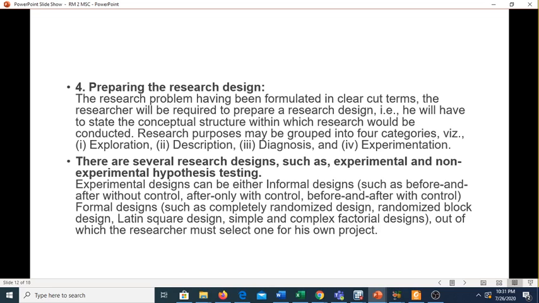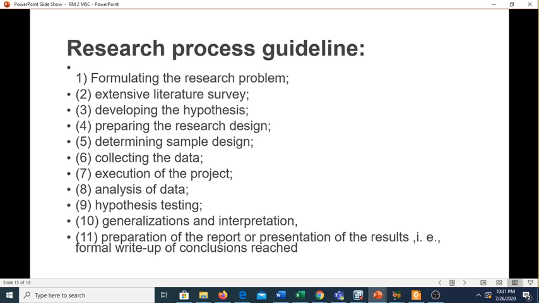However, there are several designs that can be used to define the research. The most notable ones are experimental and non-experimental, where hypotheses can be tested. I will not go into the nitty-gritty of that.